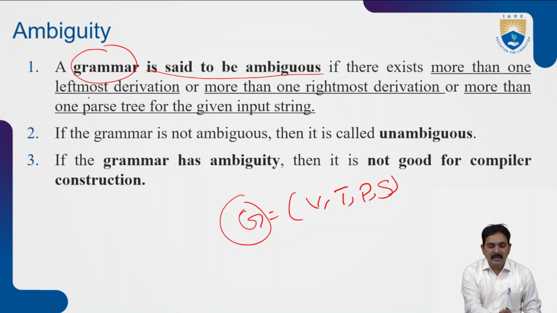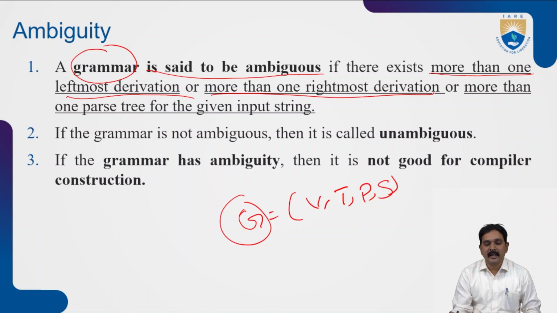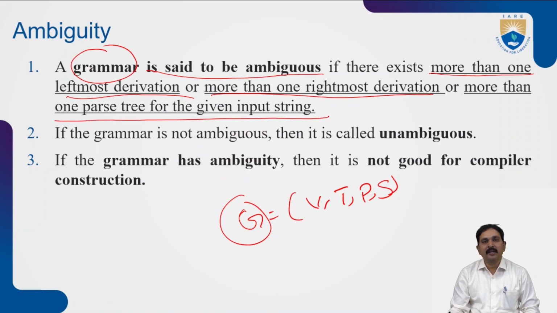So here I am defining the same idea: there exist more than one leftmost derivation or more than one rightmost derivation. And also we can say that from those derivations we generate more than one different parse tree for the same input string.